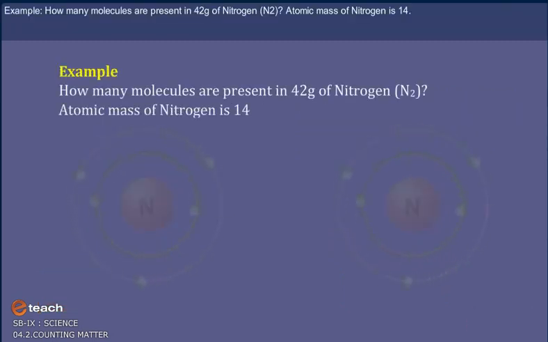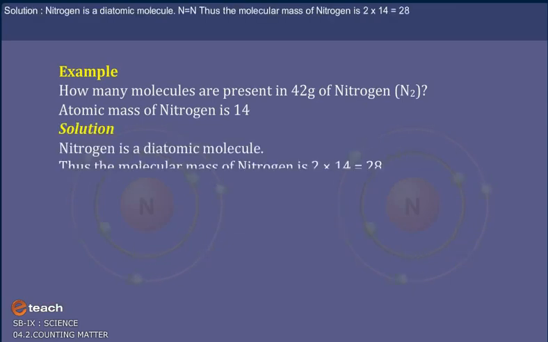Example, how many molecules are present in 42 gram of nitrogen? Atomic mass of nitrogen is 14. Solution. Nitrogen is a diatomic molecule. Thus, the molecular mass of nitrogen is 2 × 14 = 28.